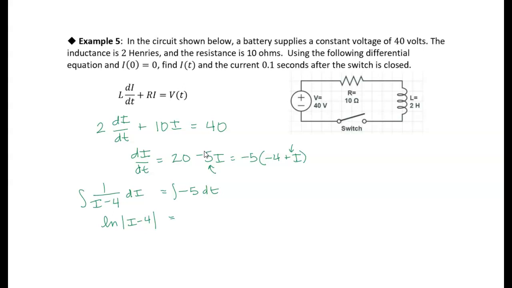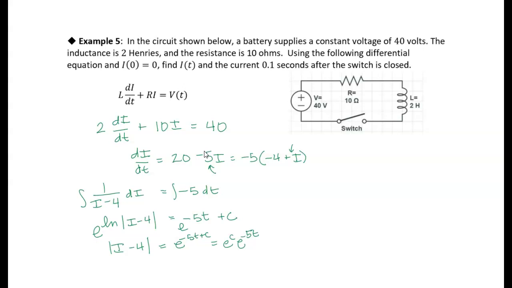And then on the other side, what I end up with is minus 5t plus a constant c. All right, now I can exponentiate both sides so that I can isolate the I minus 4, still with the absolute value, which is equal to e to the minus 5t plus c, which I can write as e to the c times e to the minus 5t.